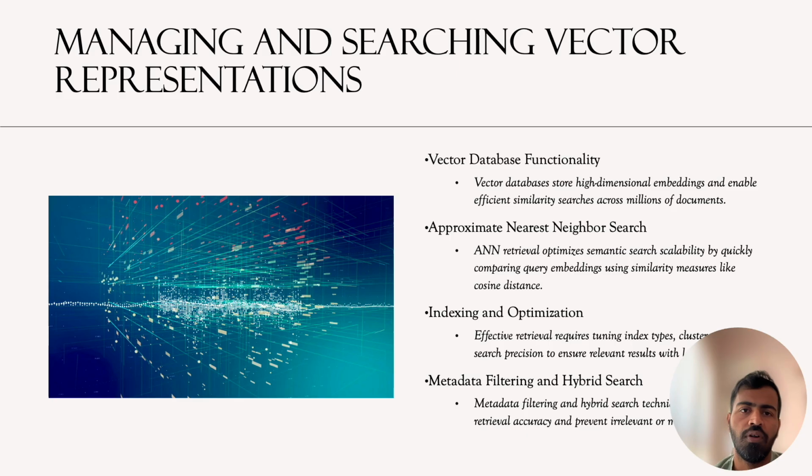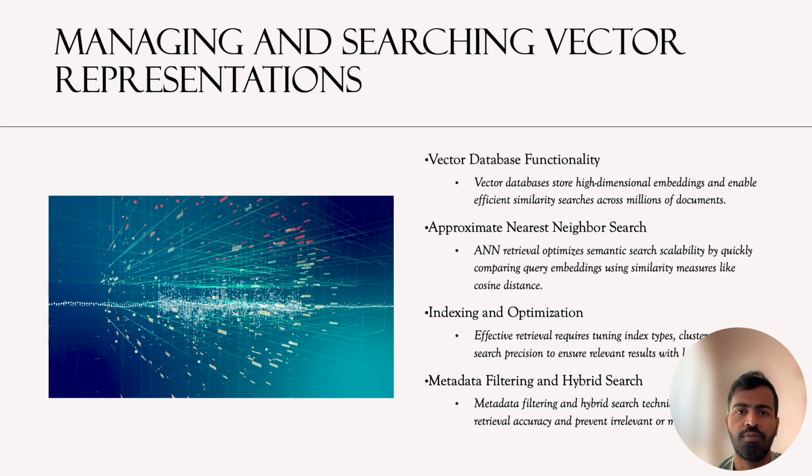Vector stores also support metadata filters, hybrid search, and index optimization, critical for precision and governance. Good retrieval depends on tuning index type, cluster partitioning settings, and search accuracy parameters to balance relevance versus latency. A well-configured vector store returns the most contextually relevant chunks quickly.